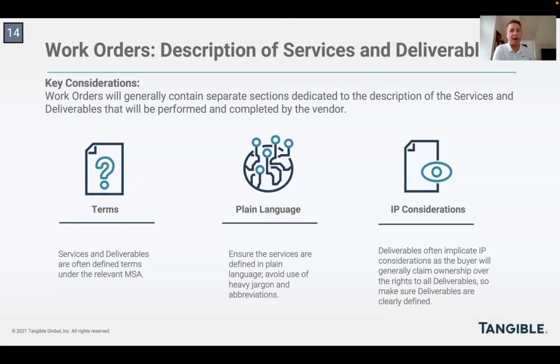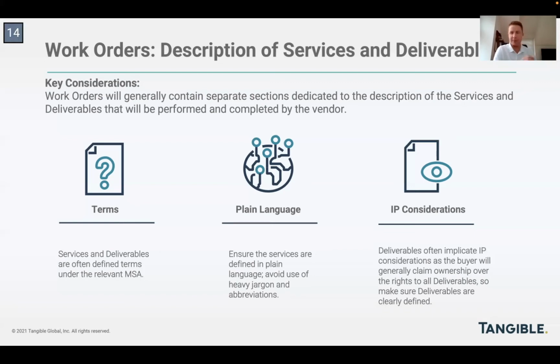Deliverables is often a defined term under the master agreement, and often it means that anything that's classified as a deliverable is going to be owned exclusively by the buyer. So if you're representing a buyer in a work order and you expect to own the output of a vendor's services under that order form, you'll want to make sure to describe very clearly what the deliverables are.